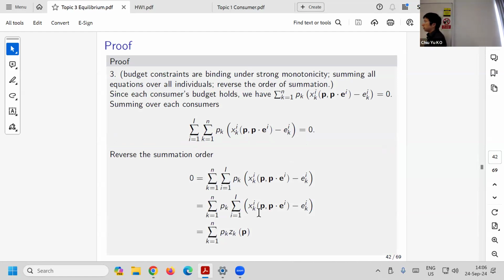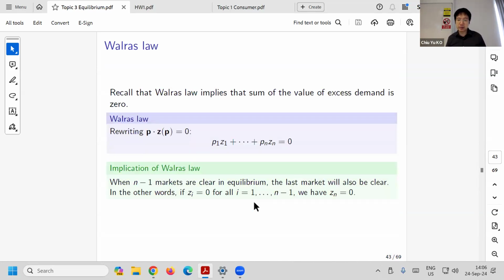So it's very simple, right? As long as people consume everything, the value of this excess demand is 0. Okay. So the proof is nothing but to show you that the trick is reversing summation. We often use this trick in this kind of equilibrium proof, and it's not unusual. This is very common. You will see it in the main proof. That's why I say Walras' law.